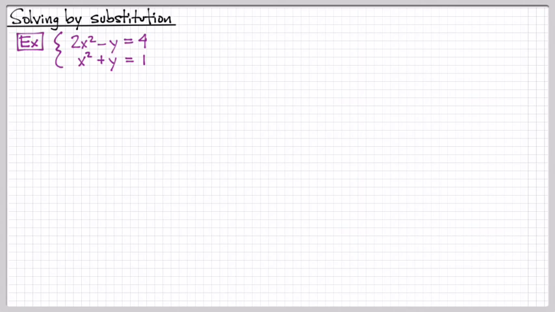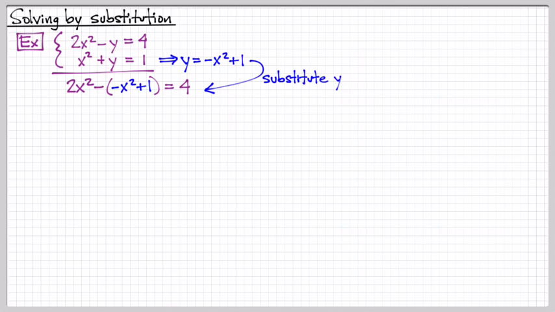First off is substitution. So I'm going to solve for y. I can take either equation and solve for y, but I'm going to solve for y with this second equation. And then what I'm going to do is plug this into the first equation. So, I took the first equation, 2x squared minus y, but instead of y, I'm going to substitute it in right here.